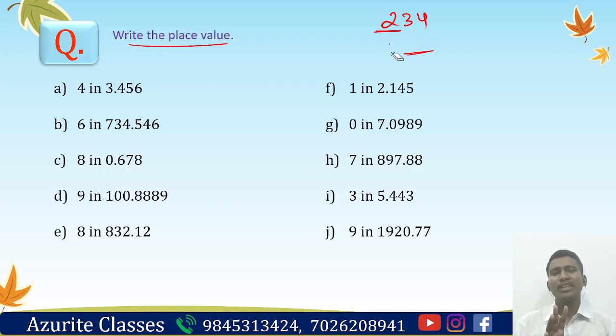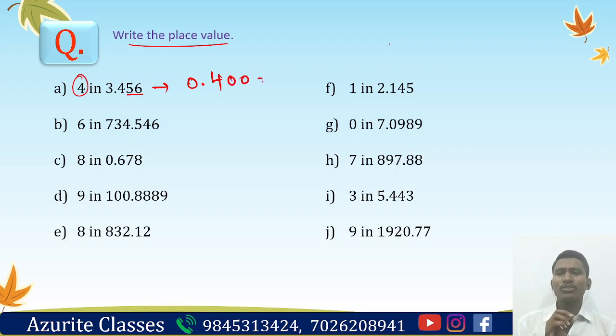In the same manner here also we can write the place value. Here they are asking for 4. So 0.4 will be the answer, or you can write it as 0.400. It will be 0.4 only. Zero doesn't have any value after the decimal. You can take any number of zeros. It will be 0.4 only.